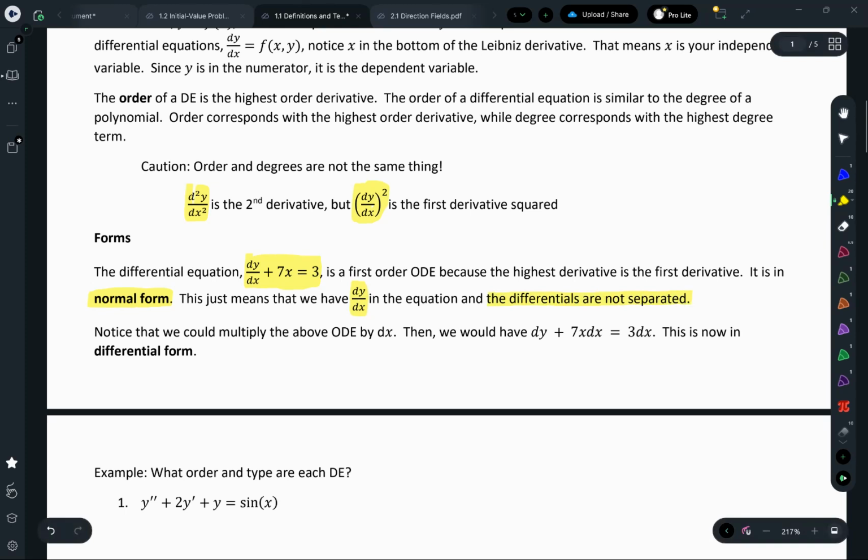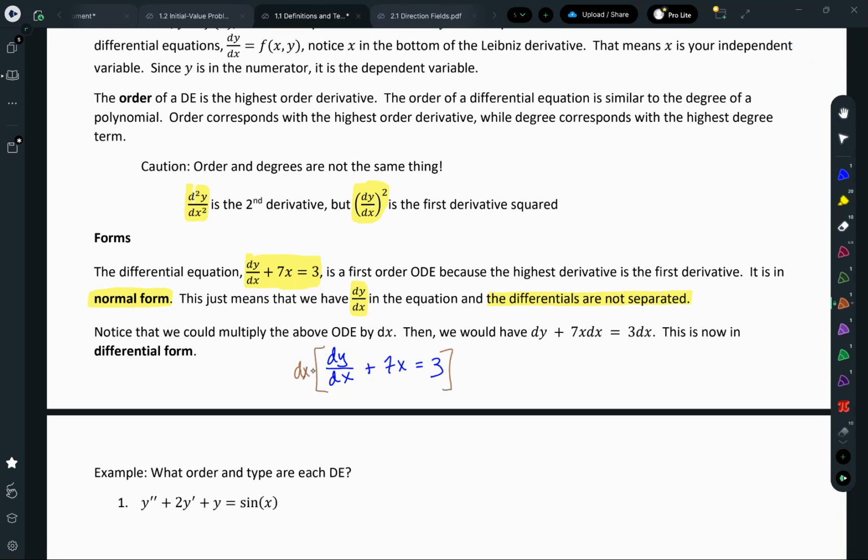To understand what it means for those differentials to be separated, let's look at the next paragraph. If we take that original problem, dy/dx + 7x = 3, and multiply everything by a dx, then this becomes dy + 7x dx = 3 dx, which is what I have up above here.